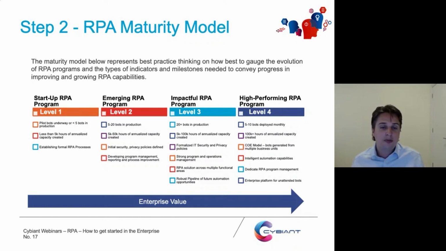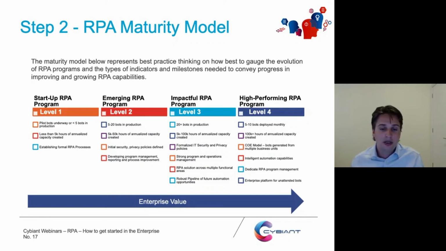After you've gone through level number 2, similarly, there are more things to consider in levels 3 and 4. But since this webinar is called Getting Familiar with an Introduction to RPA, I assume that most people on the call today will be in either level 1 or level 2. So on this slide, you can see a summary of what happens when you're actually executing that within levels 1 and 2.